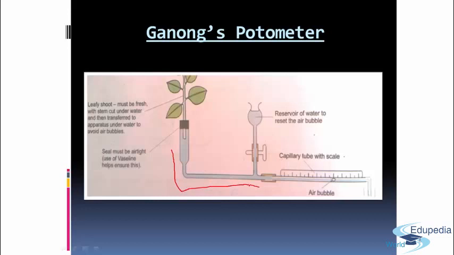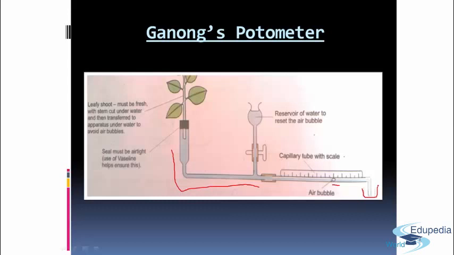Now, what next will be done? An air bubble is introduced. See this small air bubble? It is deliberately introduced into the capillary tube dipped into the beaker. See, here you can see the beaker. Okay, this is the beaker, and we have introduced an air bubble into the capillary tube dipped into this beaker.